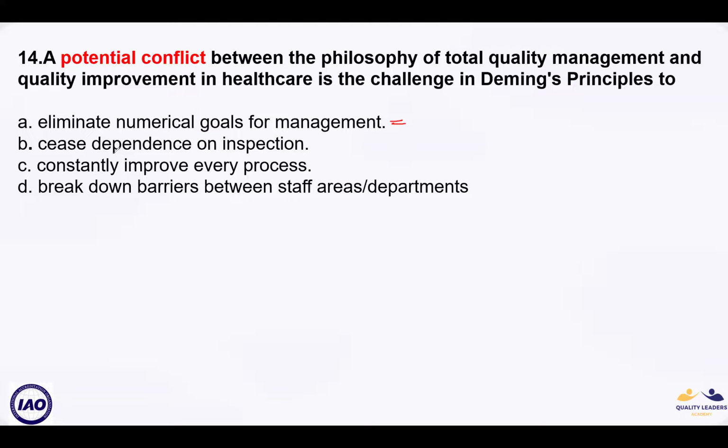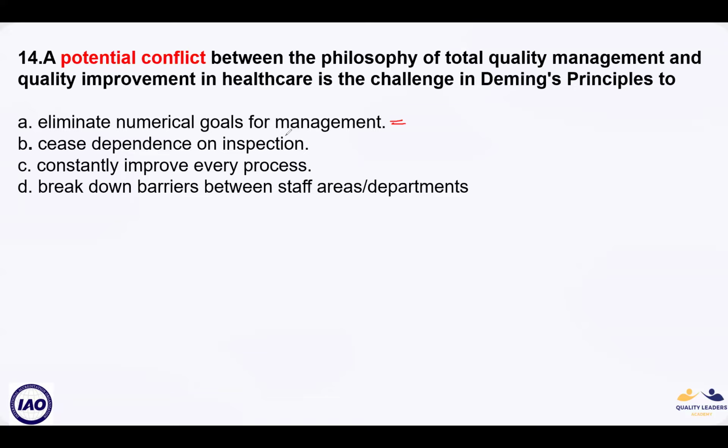Coming to option B, cease dependence on inspection. Okay. So here, one of Deming's points says cease dependence on inspection to achieve quality, eliminate the need for inspection on a mass basis. In healthcare, though, we heavily depend on inspection-like activities such as audits, chart checks, peer reviews, and external accreditation surveys, which are all inspection-type controls.